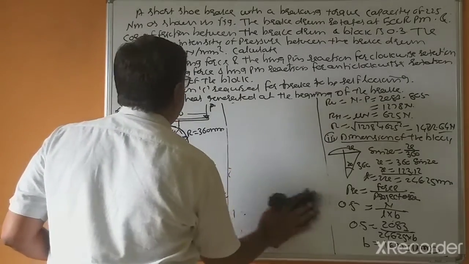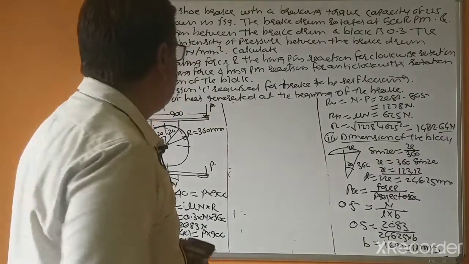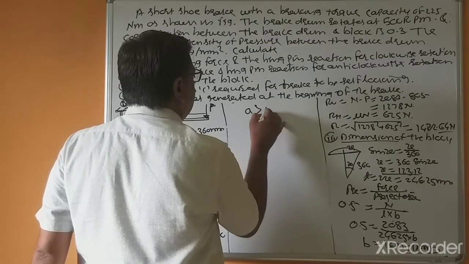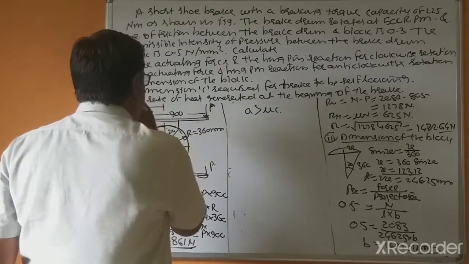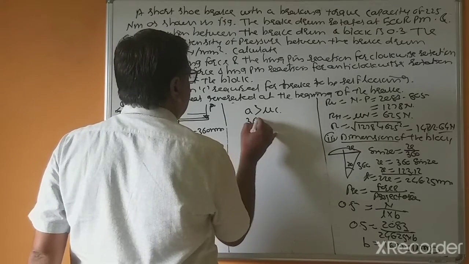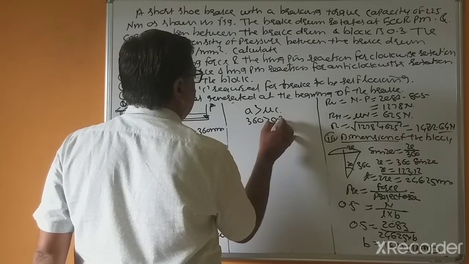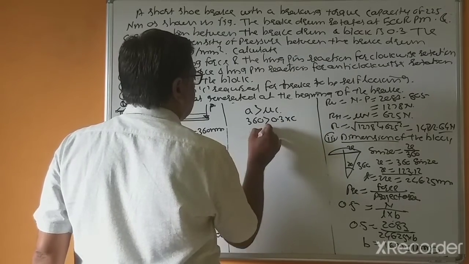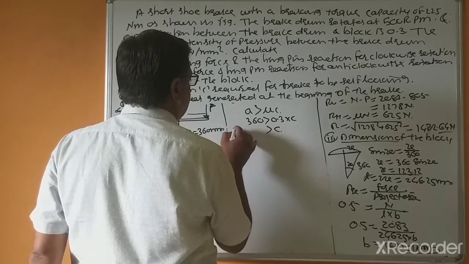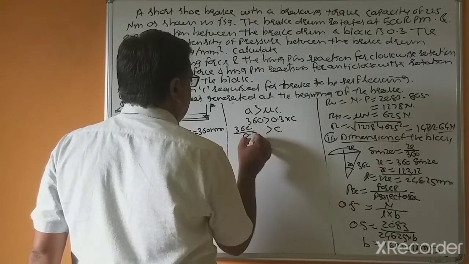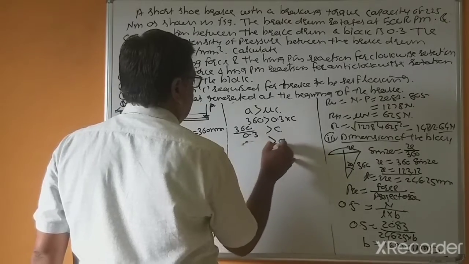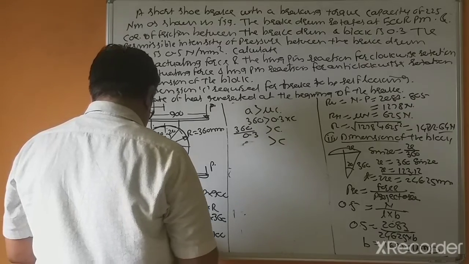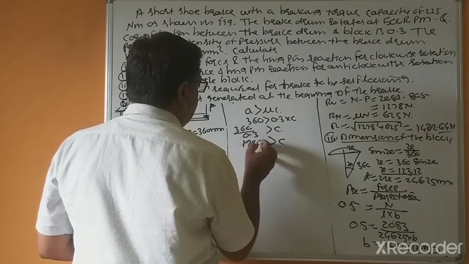the dimension of C required for this. So A should be greater than mu C. So A equal to 360 and this 0.3 into C. So C should be, this is equal to 1200.